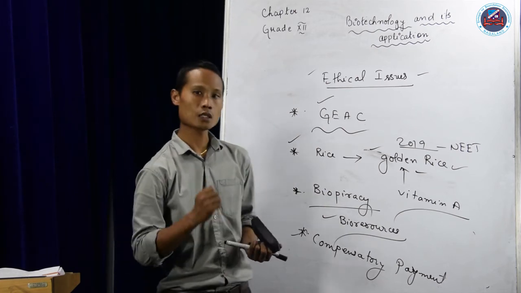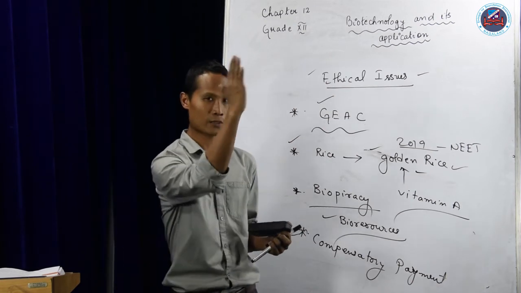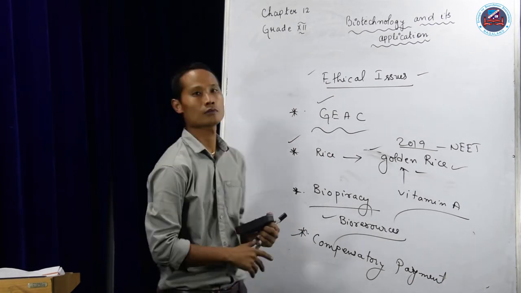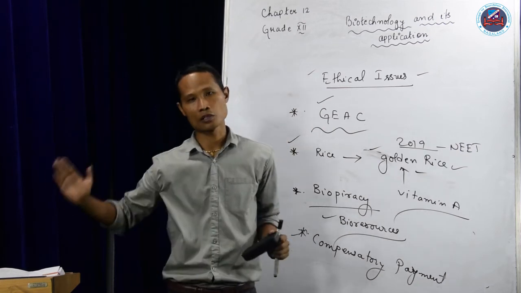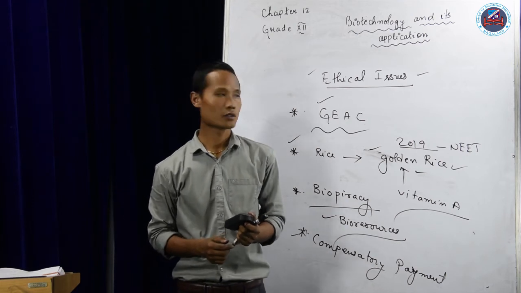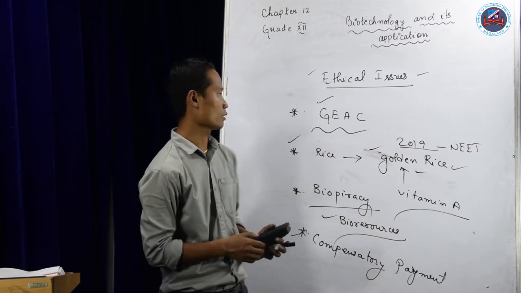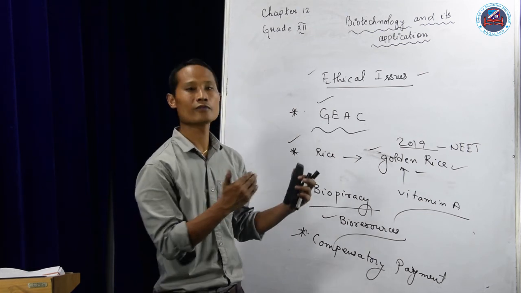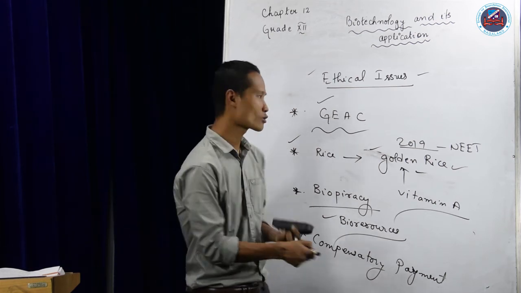So in these 7 to 8 videos from chapter number 11 to 12, okay, there is a principle and process and there is an application. I request all the students of grade 12 to focus on this paper properly, because it carries very high marks in your exam, and even in the NEET examinations, this question will come around.